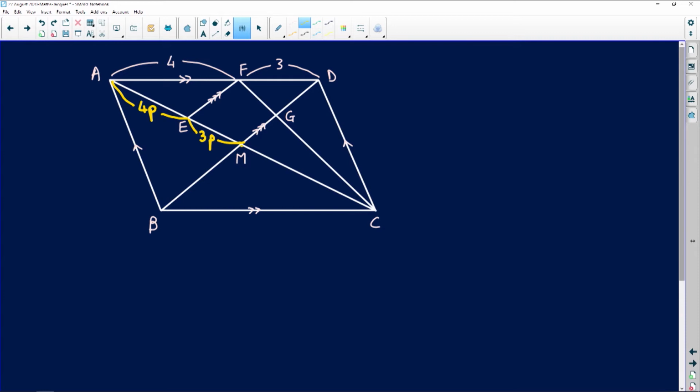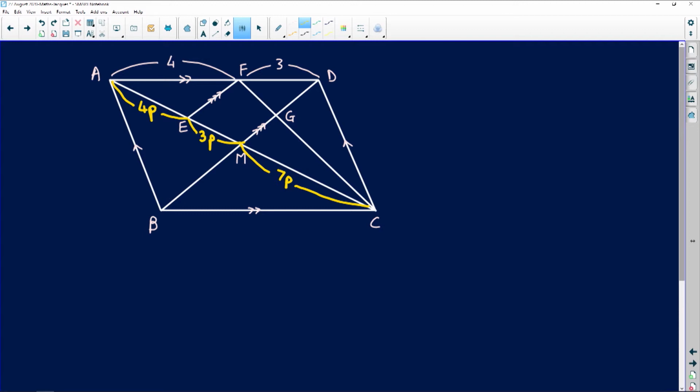It's not the length 4 and the length 3. That's the purpose of the little p. But now look at what just happened here. Because M divides this diagonal, this length is 7p together. So this length here will also be 7p.